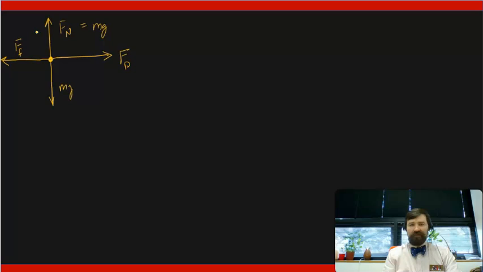In order to make the block move, the force that we're pulling with needs to exceed the maximum force of friction present. It is initially at rest, so we could say to make it move from rest. If it's already moving, then obviously we have a slightly different scenario.